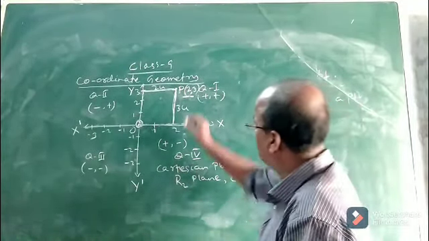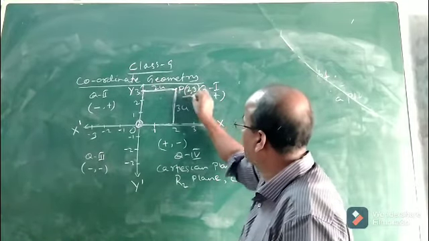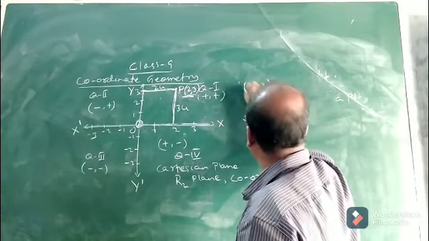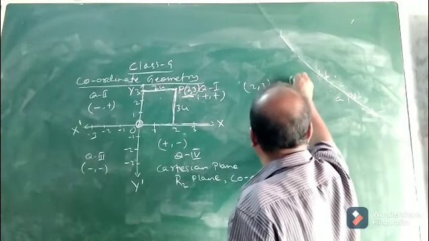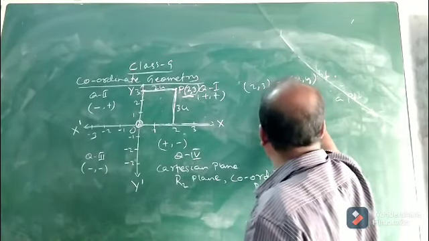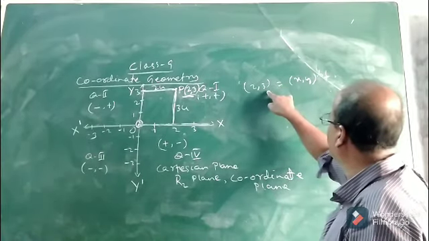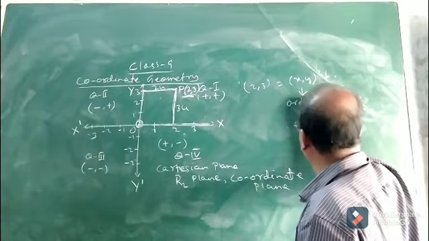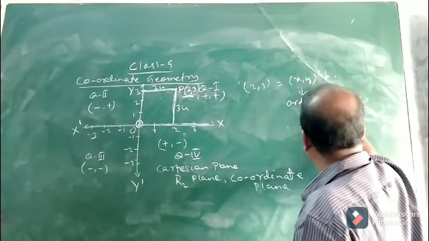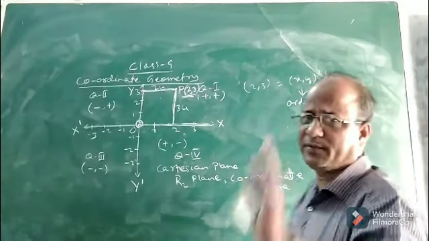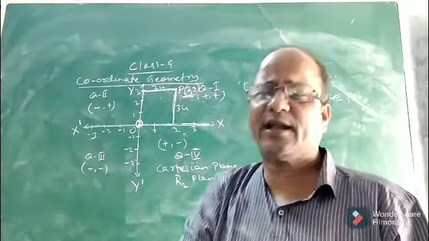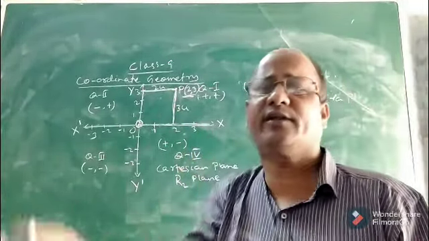Okay, now let us discuss something more. Since every point in the Cartesian plane has two coordinates, we can write 2, 3 as (x, y). Here the x coordinate is 2 and the y coordinate is 3. Now this (x, y) is called an ordered pair. Whenever we write the coordinates of a point, we always write the x coordinate first and the y coordinate next.